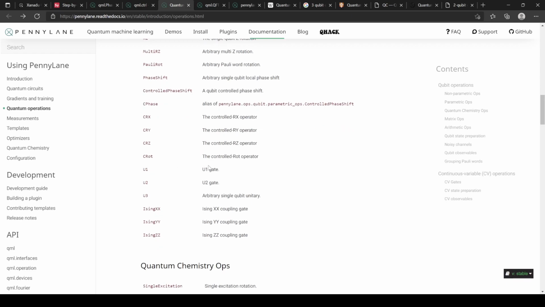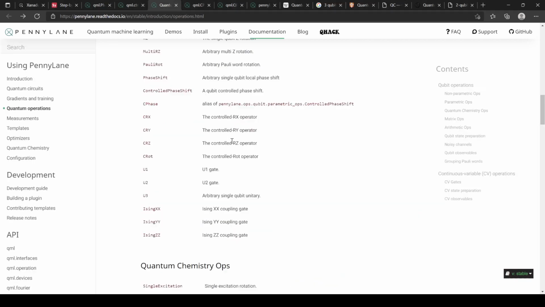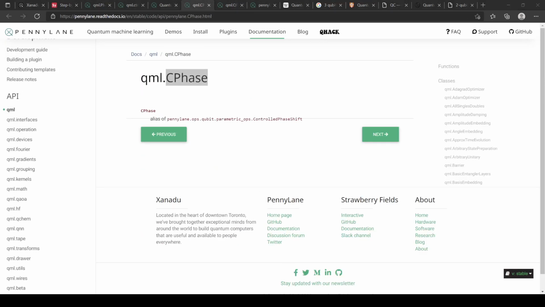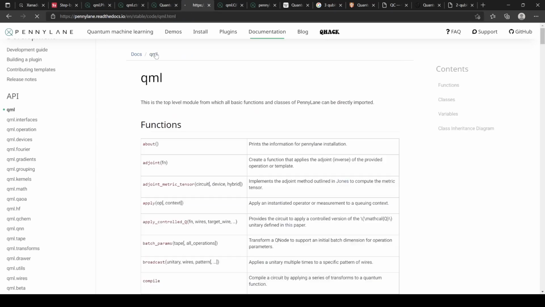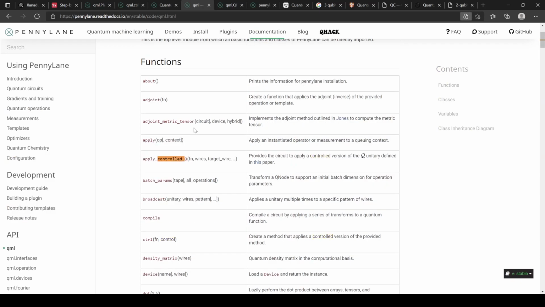So it would be, oh my gosh, is it really this? Okay, I'm going to try the C phase, which also has excellent documentation. Control phase.